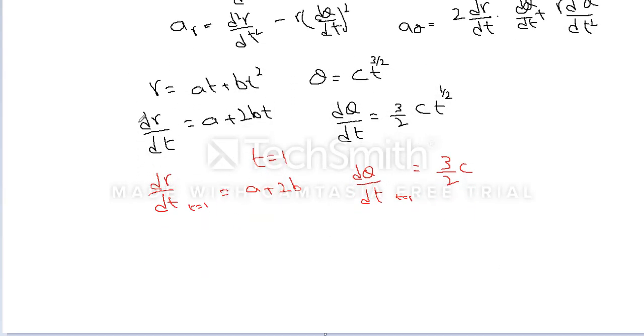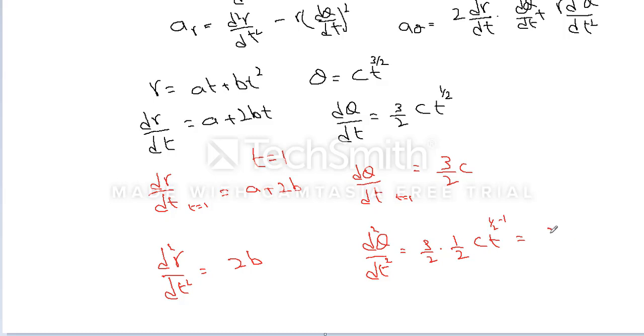Now take the second derivative, d square r over dt square, which is 2b, and d square theta by dt square is 3 by 2 into 1 by 2 ct power 1 by 2 minus 1, so this will be equal to 3 by 4 ct power minus 1 by 2.